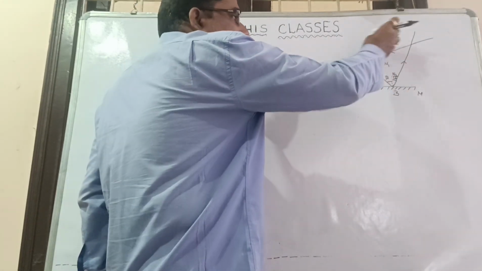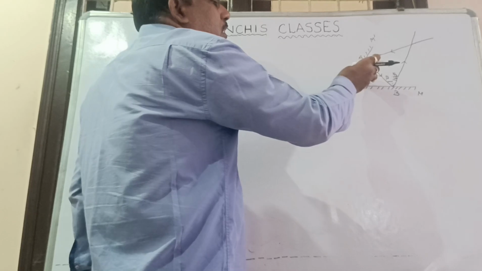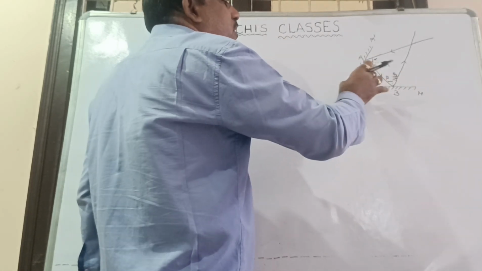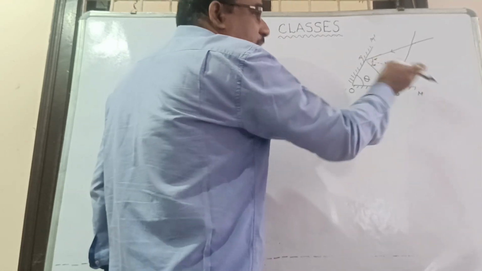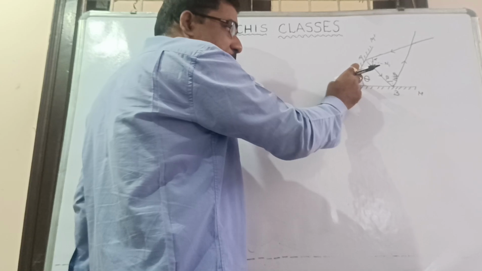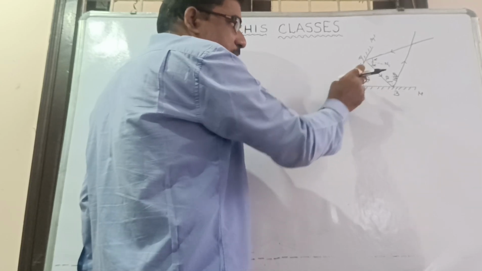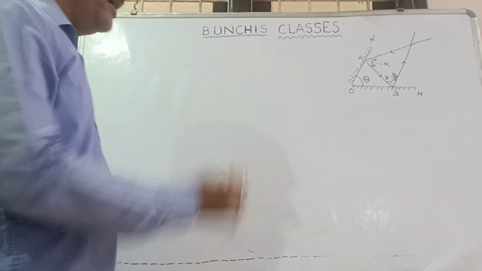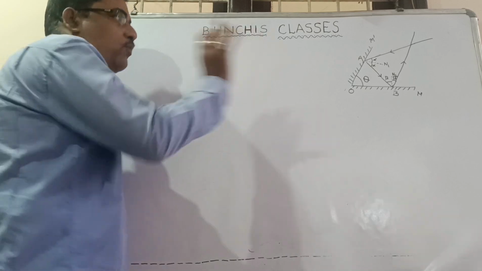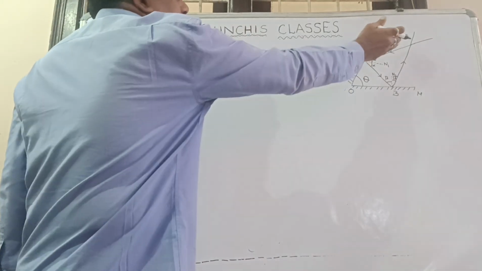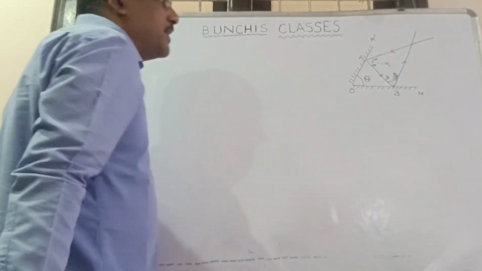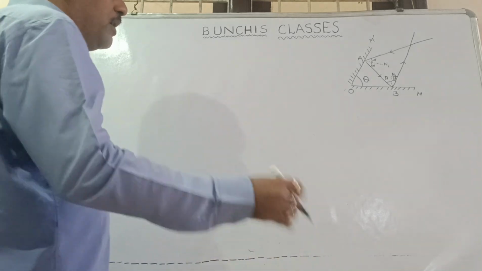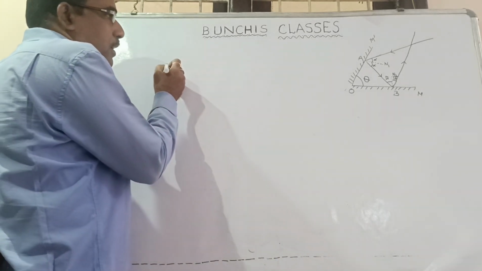Irrespective of any incident angle, this total deviation is same. It depends upon only the angle between the two mirrors. That it depends upon theta only, neither on the first incident angle or the second incident angle. Here, let us observe this.